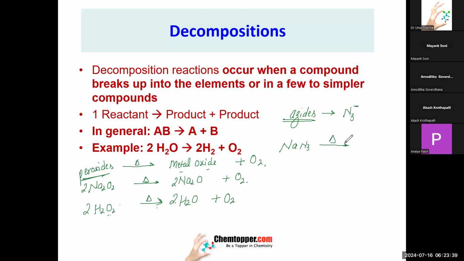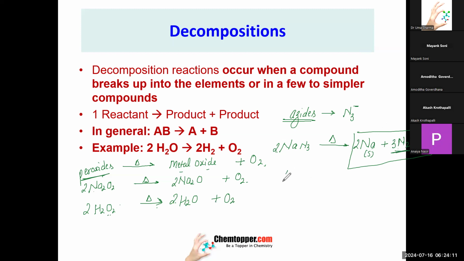This is a very unique reaction because this is very unstable. Yes, not N3, Mayank. There is nothing N3, it is N2 gas, 3N2. This is solid. It's not going to react because it doesn't react with nitrogen gas. It's a very reactive metal, but it's not going to react. So this is a decomposition reaction. You're getting N2 gas.